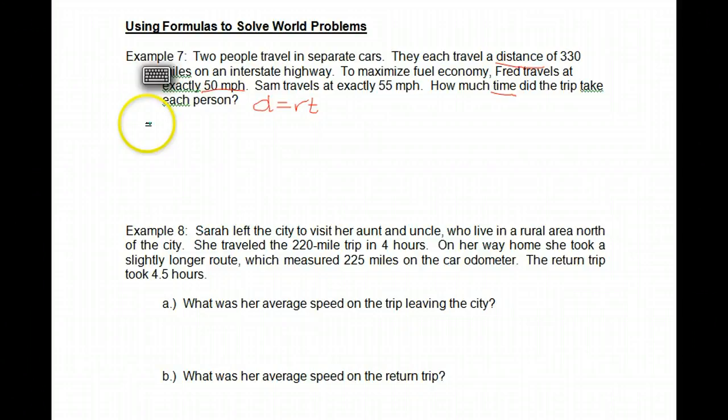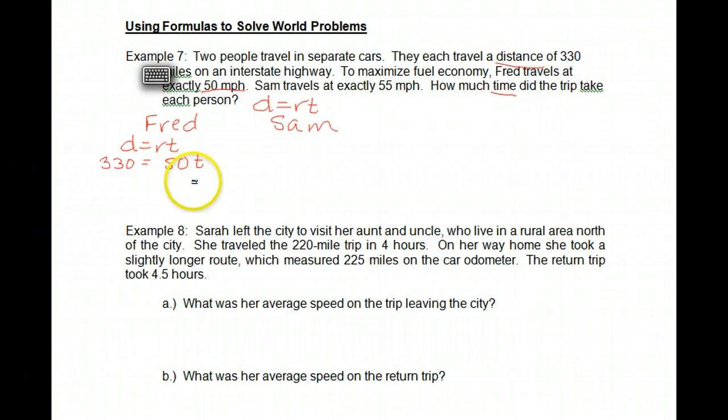And we're going to be setting up 2 different formulas, one for Fred and one for Sam. So let's do Fred first. Now their distance is exactly the same, so we're going to plug 330 in for the distance, and Fred was traveling at 50 miles per hour. So we need to solve for his time.